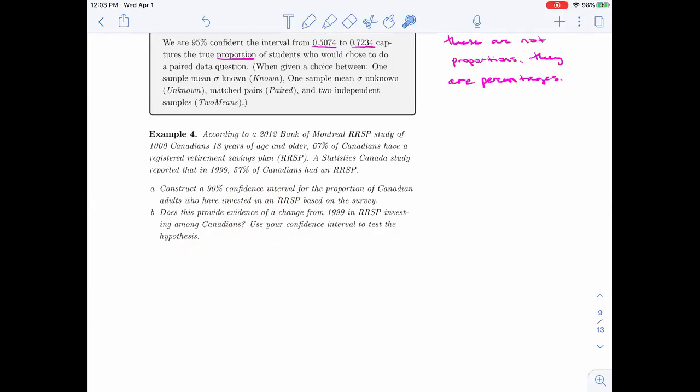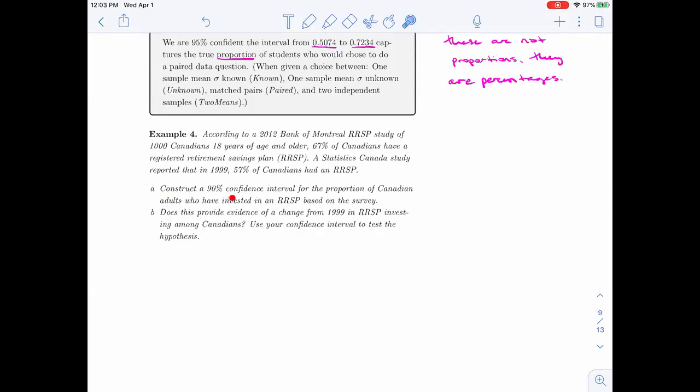So according to a 2012 Bank of Montreal RSP study of 1,000 Canadians 18 years of age or older, 67% of Canadians have a registered retirement savings plan, RRSP. A Statistics Canada study reported that in 1999, 57% of Canadians had an RRSP, right? So here, we're assuming that this 57% can be considered the population proportion, because it's from StatsCan.